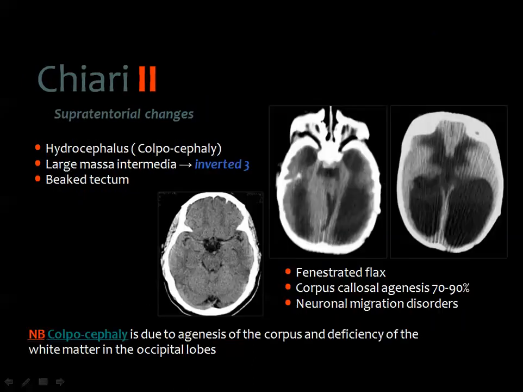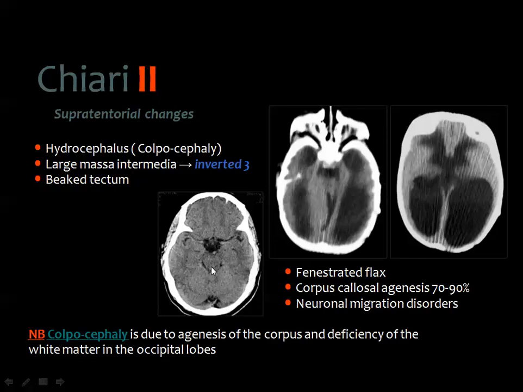Then the supratentorial changes, that is, changes above the level of the fourth ventricle. Number one, you see hydrocephalus, and this is one of the major manifestations of Chiari-2 malformation. Number two, you see beaking of the tectum. You know that this is the quadrigeminal cistern, and the area in the quadrigeminal cistern of the midbrain is known as the tectum.